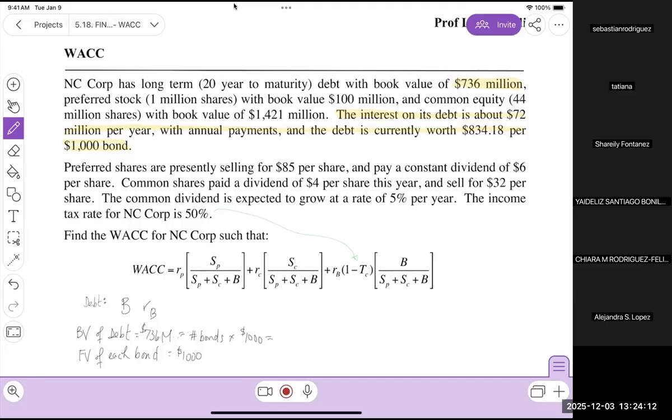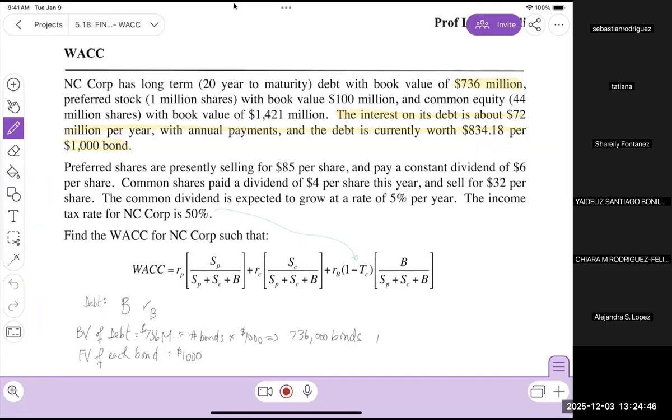So that means the number of bonds is 736 million divided by 1,000, or there are 736,000 bonds. Okay, so we have the number of bonds. Now we just have to find the price of the bond to get B. Oh, we have the price of the bond. There it is. It's currently worth 834.18, so that's great.